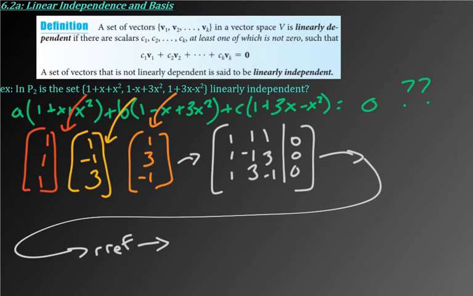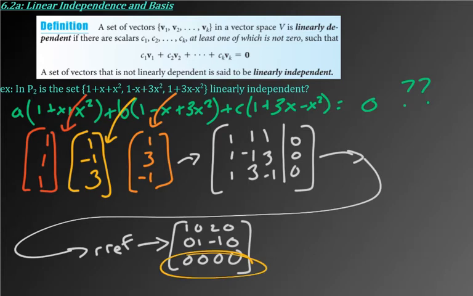If you RREF this one, you get that, and most importantly, from this part, there is a row of zeros, so there's some sort of dependence going on, right? The only way you would get linearly independent is if you had the 3 by 3 identity matrix here, so it'd be saying C1 equals 0, C2 equals 0, C3 equals 0, but we don't have that.